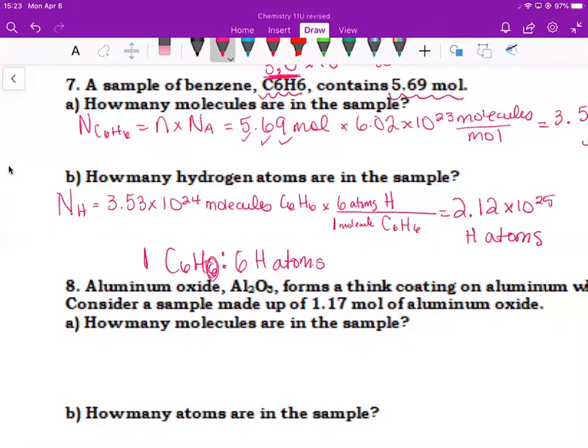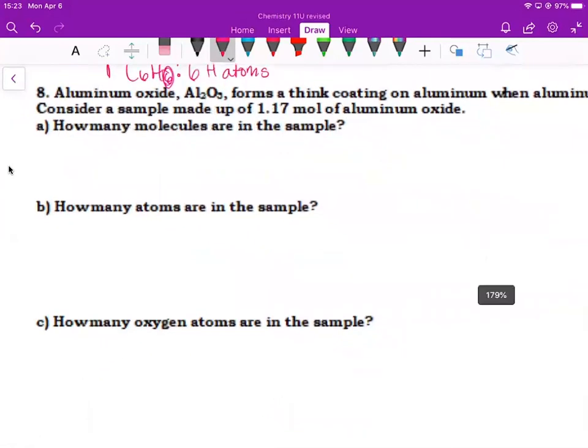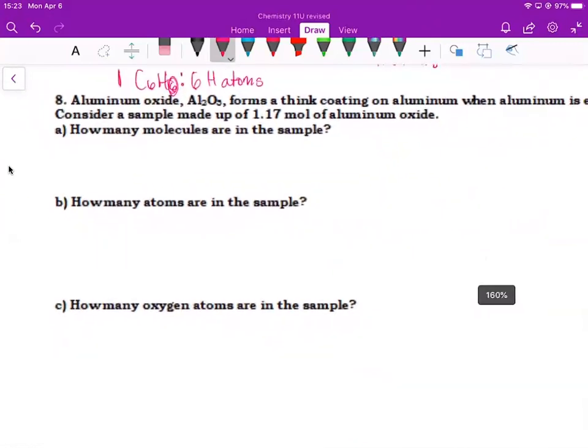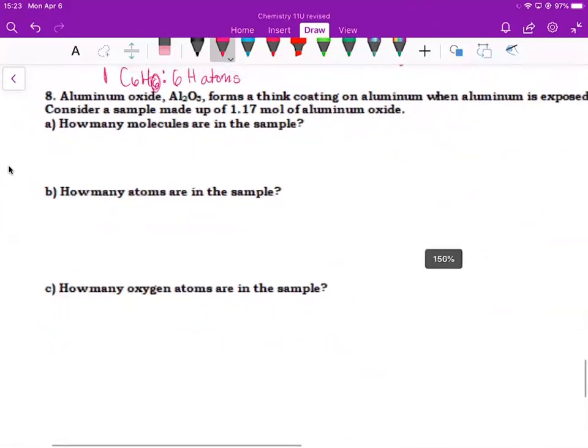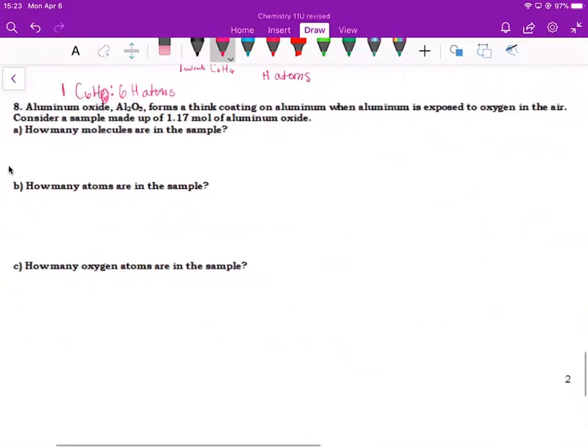Okay, I hope that this is helping clear some things up. The last example that I'll do is number 8, and then I'll leave you guys to ask me questions. Aluminum oxide, Al2O5, is that? No, it should be Al2O3, forms a thick coating on aluminum when aluminum is exposed to oxygen in the air.